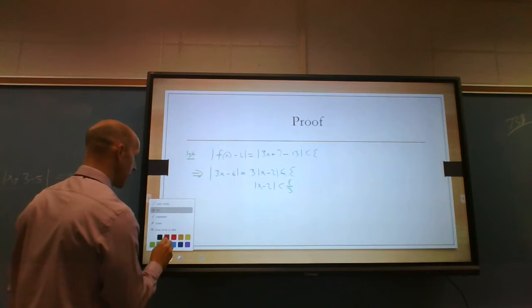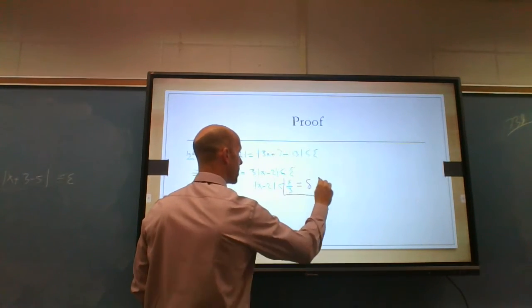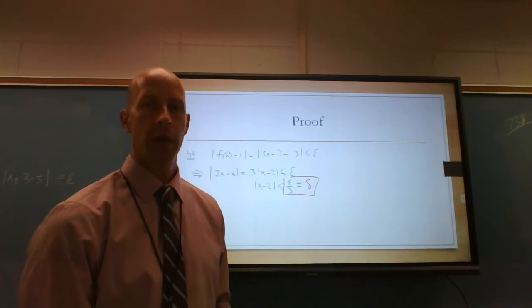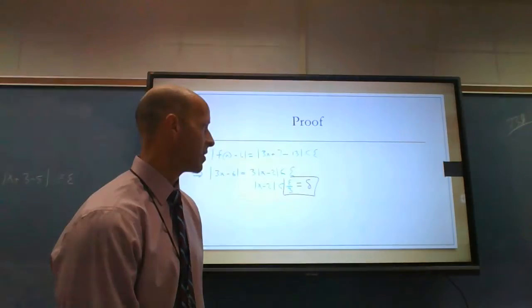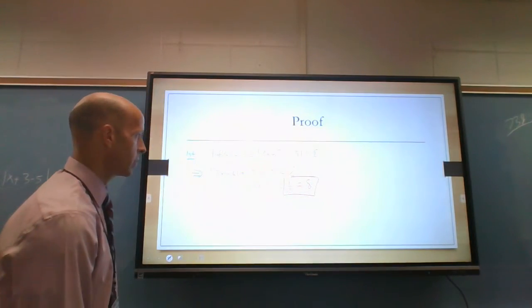Now here's the key crucial point. This will be our delta that we're going to use. Whatever epsilon they give us, we just want to divide it by 3. As long as we divide it by 3, we're going to fall into that range. In fact, if we pick anything less than epsilon divided by 3, we'll fall into that range too.